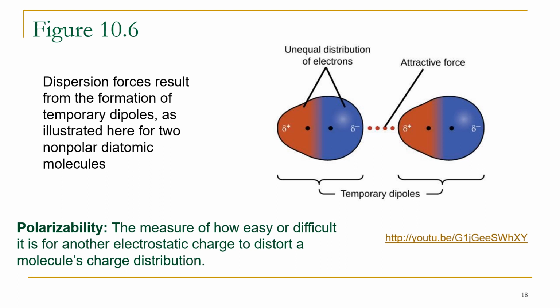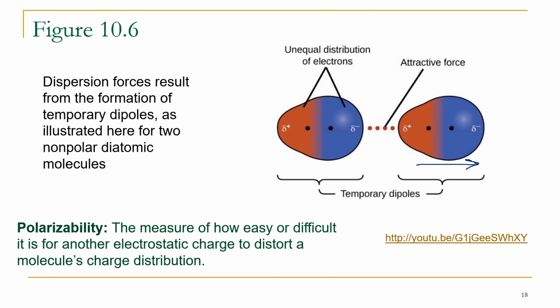Okay, so this is sort of showing what I was talking about. In an instant, there's an unequal distribution of electrons. It forces the electrons to sort of move over here on the next molecule. So there's an instantaneous attractive force, temporary dipoles that then go away. Polarizability is another word that is used.